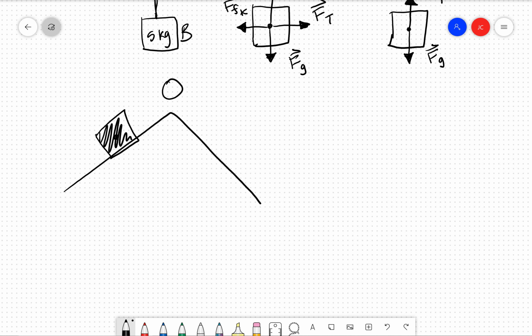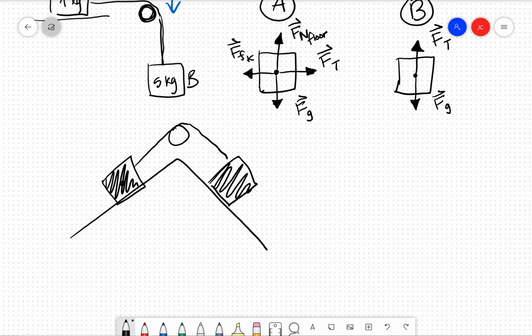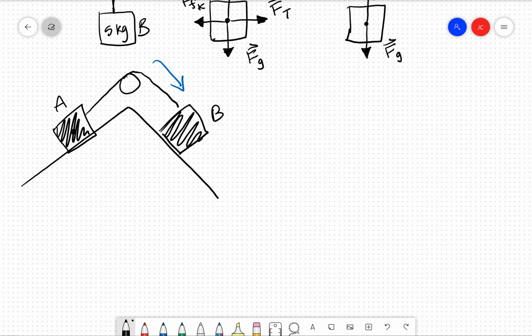It's the same kind of thing as last time. There's a pulley on it and another box here. So it's the same diagram as last time, but instead of dealing with a right angle, now it's on this hill. And again, let's assume that this one is heavier so that the thing is going this way, not the other way. Again, labeling this A and B. Let's at least maybe just do A. We'll see if we get to B.